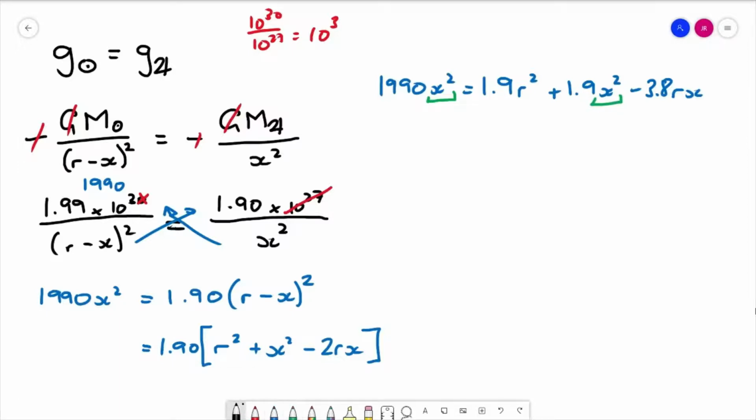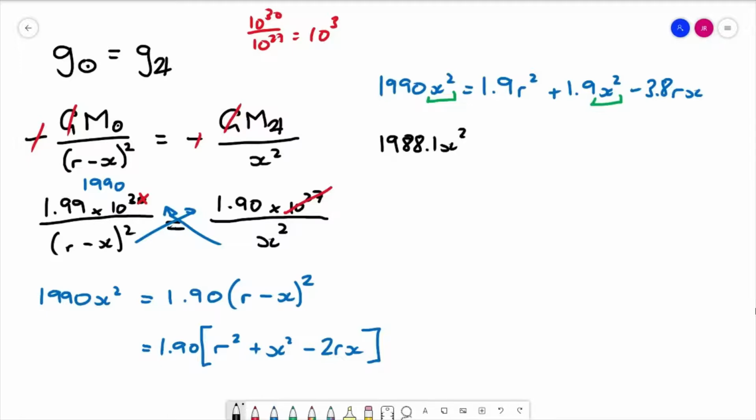So if we subtract the 1.9 x squared from both sides, what we end up with is 1988.1 x squared.